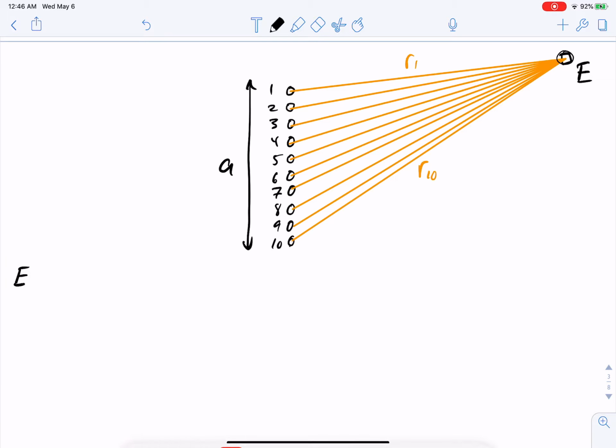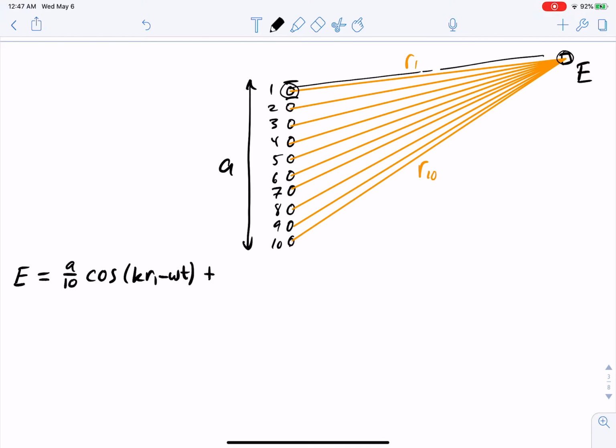Now one thing I'm going to do here is assume that the amplitude that comes from this is proportional to how much of the space it takes up. So if the opening is width A and there's 10 sources in it, then the strength from that should be that distance over 10. There'd be some other proportionality constants in there. Okay, so that's this amount of electric field coming from the first source.